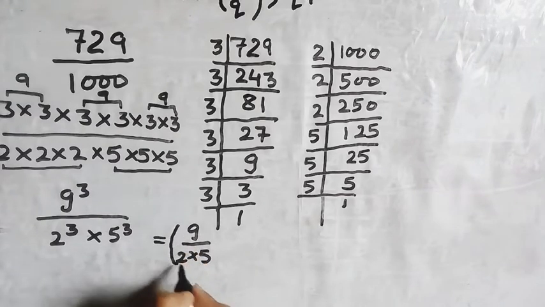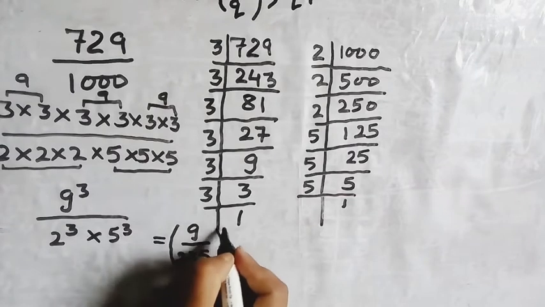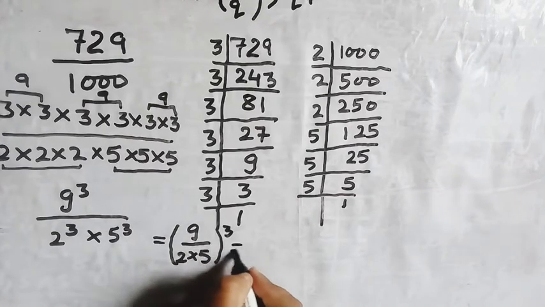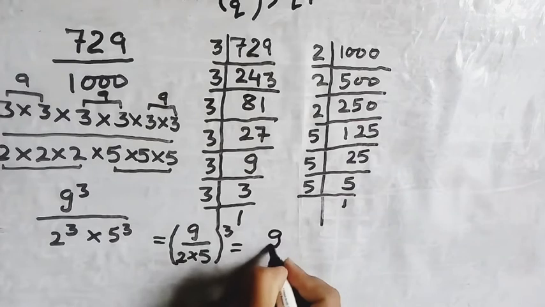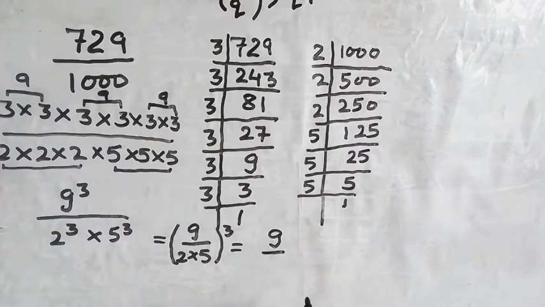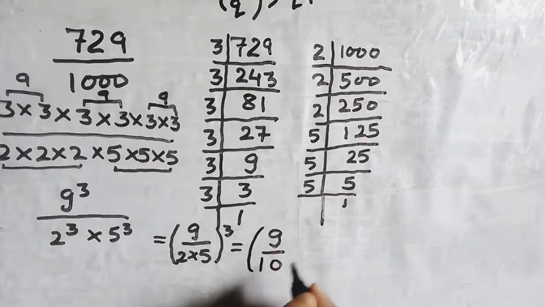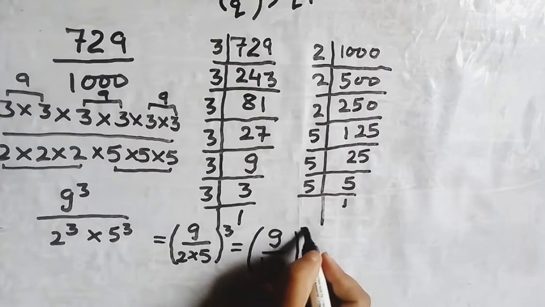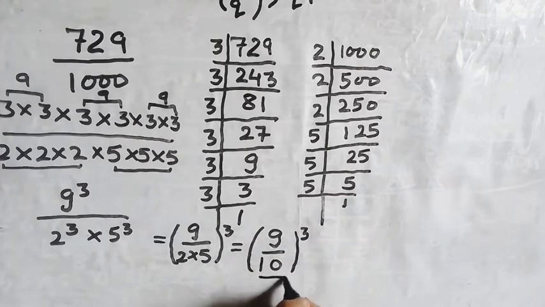Because the power is same, you can take it common, means you can write common power. So it will be 9 upon 10 whole raised to power 3, because 2 5s are 10 will be there in the denominator. So this is your required answer.